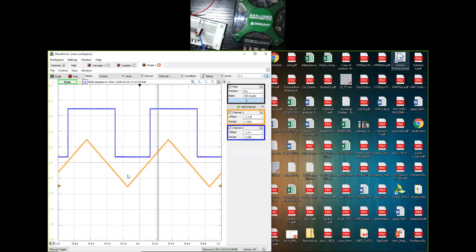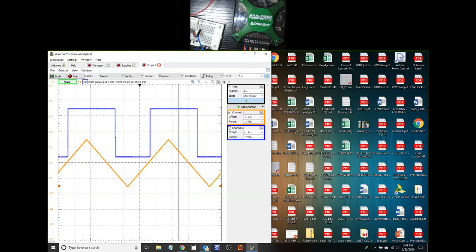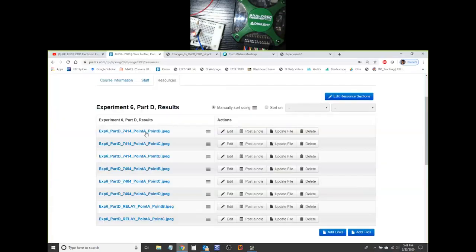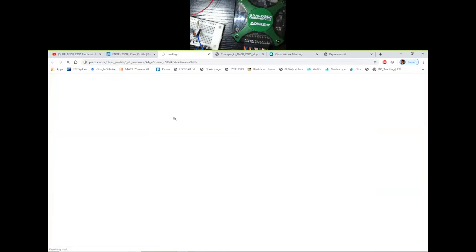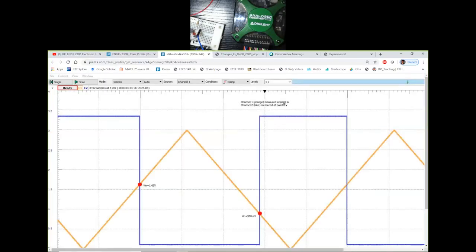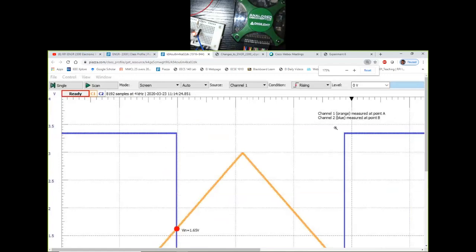The orange line is A. The blue line is B. Yes, orange is A and blue is B. Or in this case, it is D. Earlier it was B. If you look at any of the plots, I have made a comment at the top of the plot saying which line, which color channel, corresponds to which point.